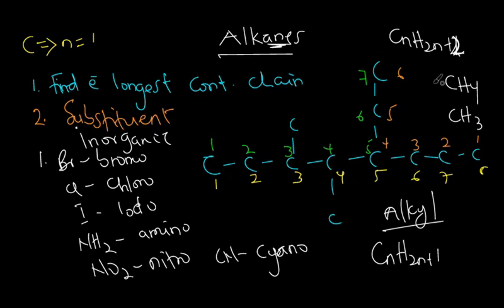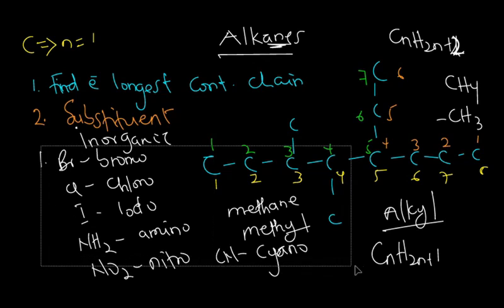So instead of being called methane, the CH3 will be called methyl. We only add the YL to the prefix meth to get the alkyl group. We'll be looking at this in much more detail when we try to name our organic compounds.